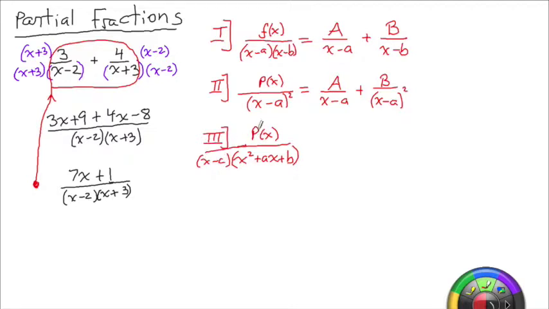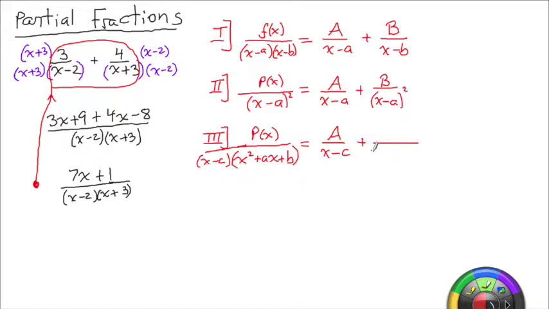Now if the degrees are exactly the same, or p of x is higher, you can use long division or synthetic division to break it down until the polynomial on the top is smaller than the polynomial on the bottom, degree-wise. Alright, so if we have this setup, we're going to get A over the linear factor, x minus c, but when we get to the quadratic, like I said, it has to be a degree less than the one on the bottom.